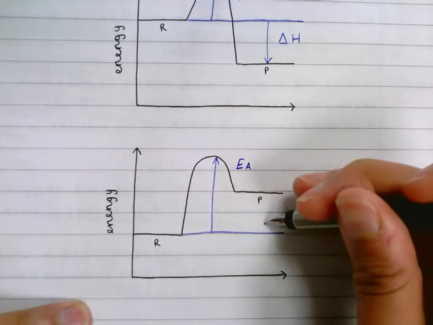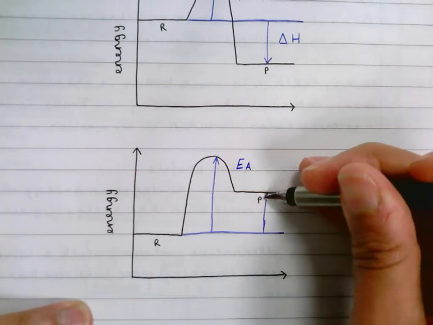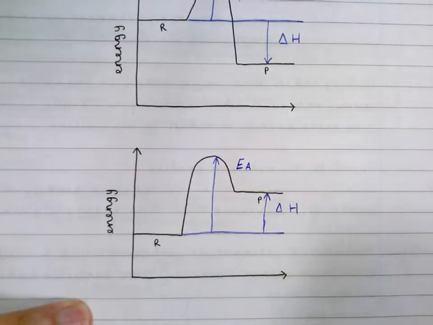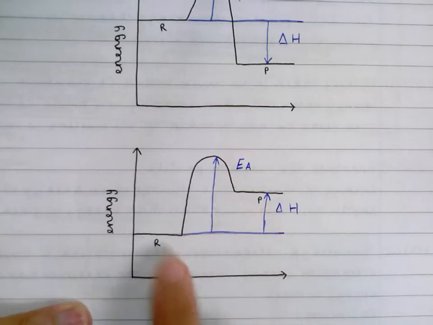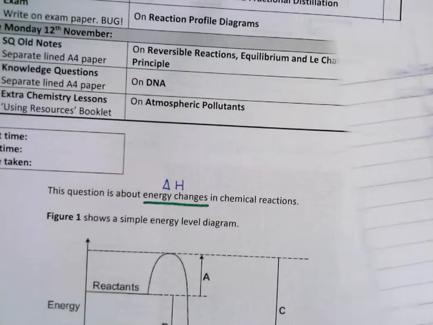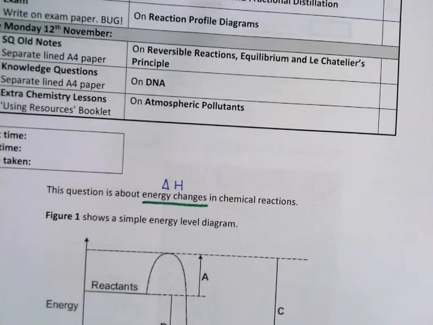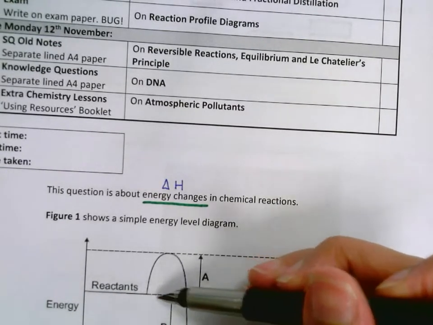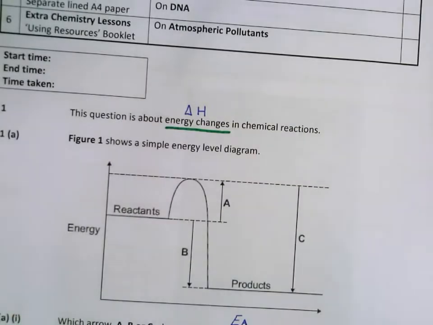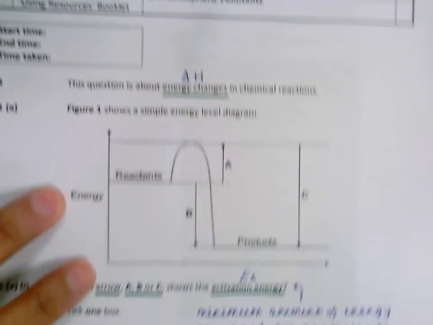Now, if you draw upwards, this shows you that the products have more energy than the reactants. So, from that, we know that the distance from this horizontal line to the highest point is the activation energy. So A is the activation energy.